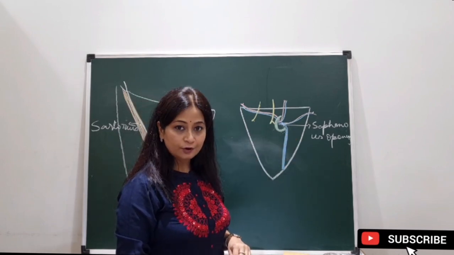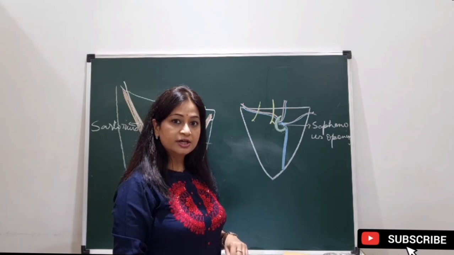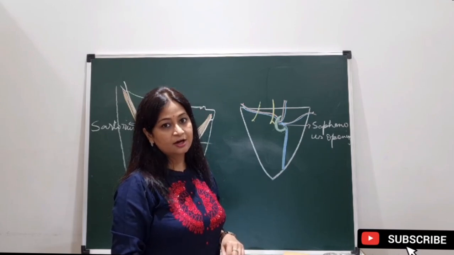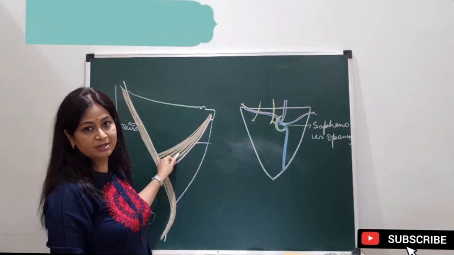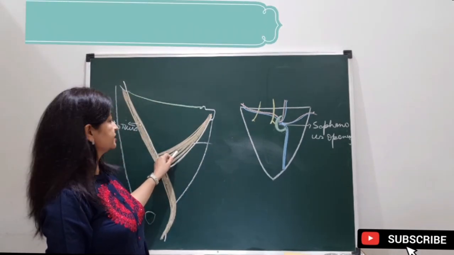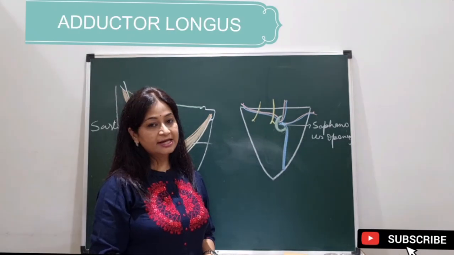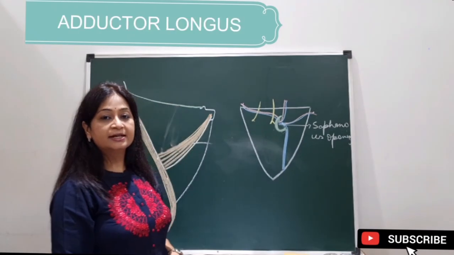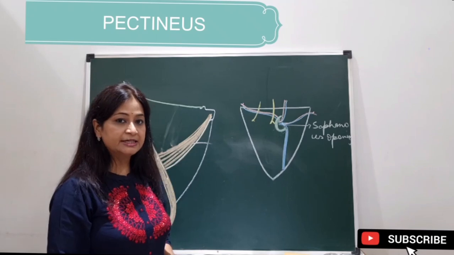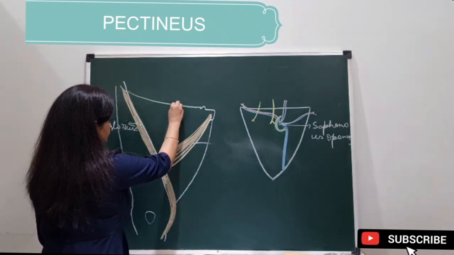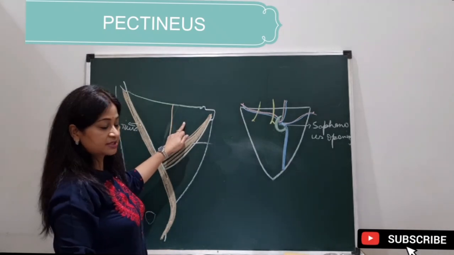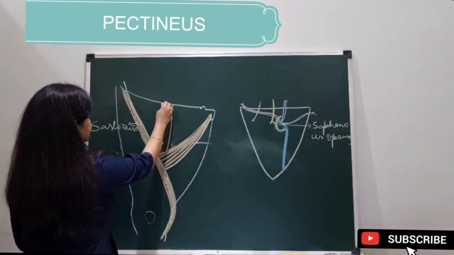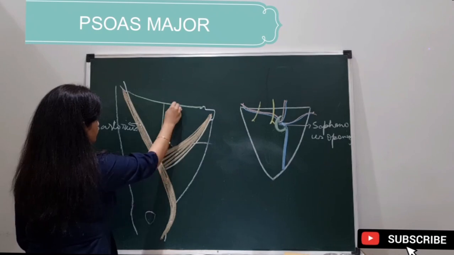Now coming to the floor of the triangle, the floor is formed by four muscles from medial to lateral. We have already seen the first muscle, that is the adductor longus. Then next to the adductor longus, there is a muscle known as the pectineus. So this is the pectineus muscle, next to which lies the tendon of psoas major muscle.